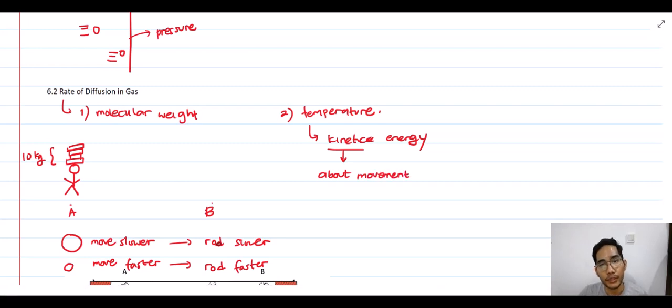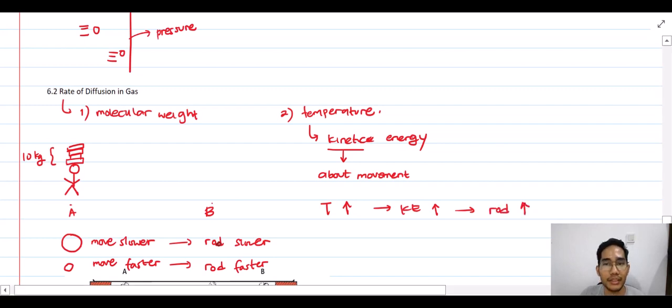So as the temperature increases, the kinetic energy will also increase. When kinetic energy increases, the movement of particles will also increase. Then the rate of diffusion will also increase, and vice versa. So that is why these factors affect the rate of diffusion in gas.